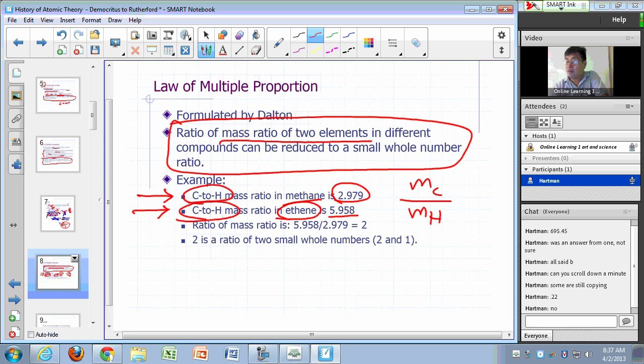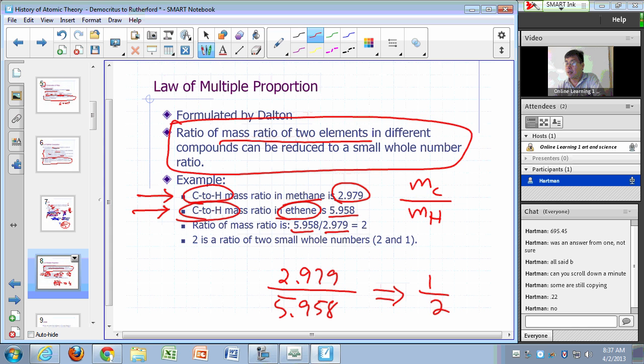The ratio of these two ratios, 2.979 over 5.958, this ratio of ratios, you can reduce that to a whole number ratio. That's just equivalent to 1 over 2. Or you can say 5.958 over 2.979 is equal to 2. So 2 is a ratio of two whole numbers, 2 to 1. So that is the law of multiple proportion.